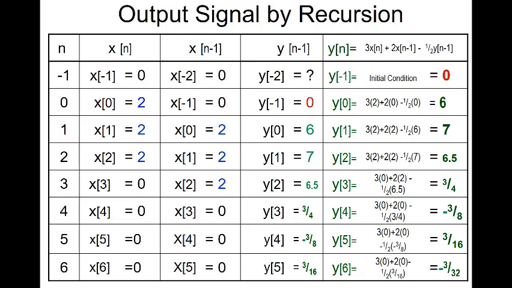What it doesn't give us is an analytical answer. We'd have to try to conceive of, could I write an equation for what this response looks like? That'd be a little hard in this case. The other techniques, solving the difference equation and convolution, will give us analytical answers.